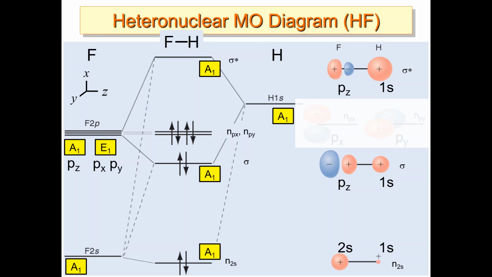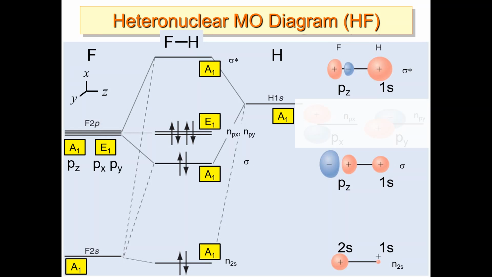Now, everybody pay attention to this statement: we started with 3 atomic orbitals, and we generated 3 molecular orbitals. So the number of orbitals is conserved. And then we have the PX and PY orbitals on the fluorine that just come straight over as non-bonding.